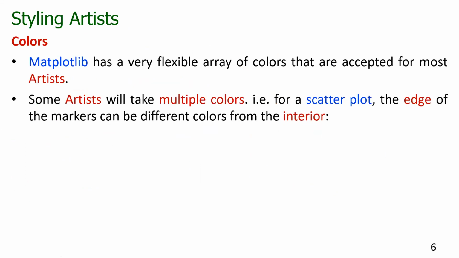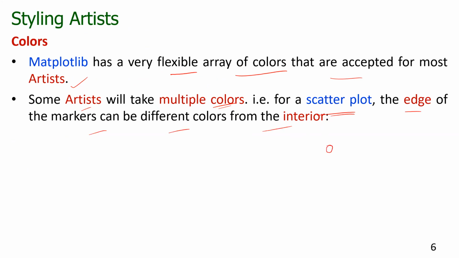Okay, now here see some more examples with combinations of colors. Matplotlib has a very flexible array of colors that are accepted for most of the artists. Some artists will take multiple colors also. For example, in the following scatter plot, the edge of the markers can be a different color from the interior.